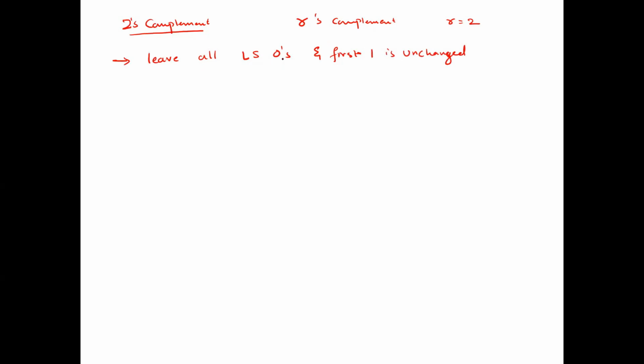So leave all the least significant zeros and the first one unchanged, retain as it is. Then what is the next step? Replacing 1 by zeros and zeros by ones in all other higher significant bits.